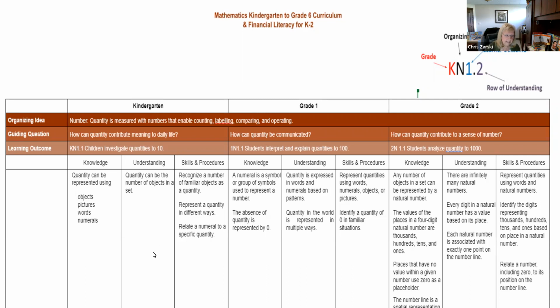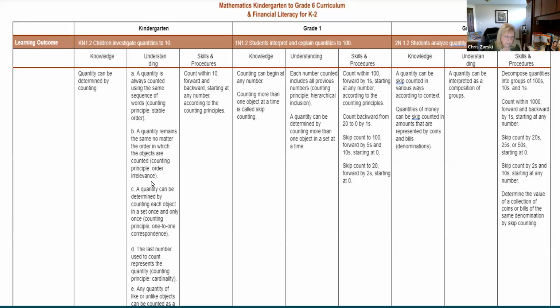When I go to the next page in our document, I see another brown line. And all that we've done is inserted the same learner outcome, because the learner outcome doesn't change. The only things that change are the understandings, the knowledge, skills, and processes. And so this is where the 0.2 came in. This is our second row of understandings, and what we're seeing is it belongs to the same outcome. Children investigate quantities to 10. Nothing has changed there.